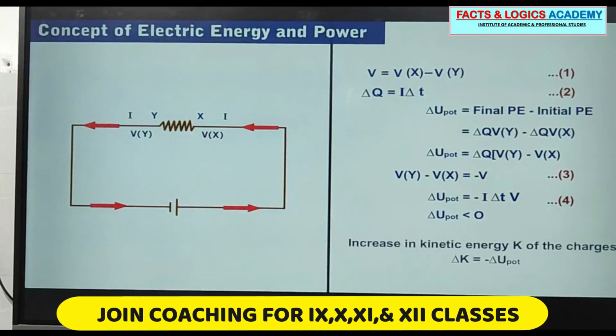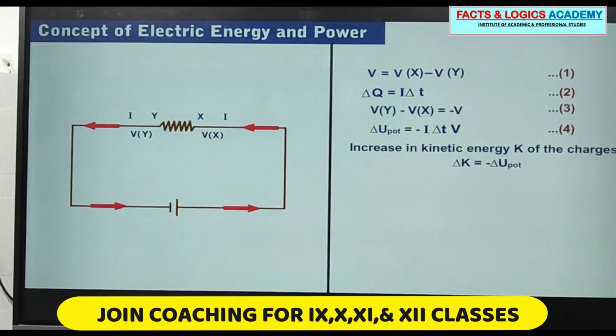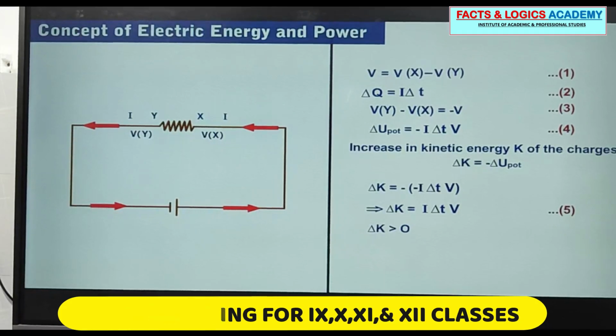Therefore, an increase in kinetic energy K of the charges is expressed as delta K is equal to minus of minus I delta t V. This implies that delta K is equal to I delta t V. Let us label it as equation 5. Since the value of delta K is positive, its value is greater than 0.